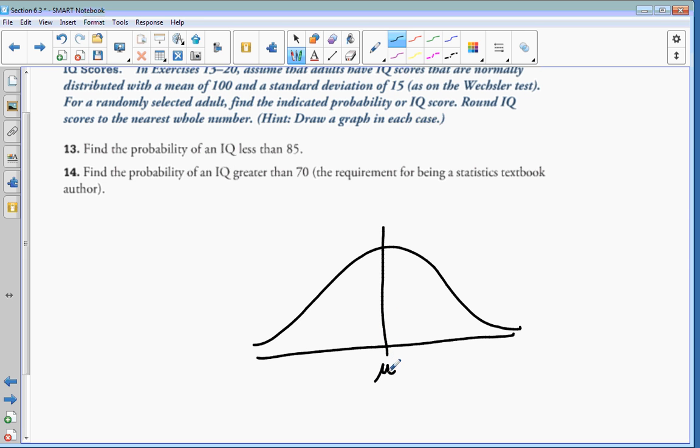Here's mu. It's 100, and it's the same as 0 on a z-score. We know that z's positive here, and we know that z's are negative here.